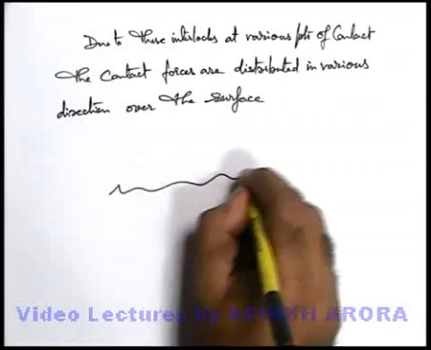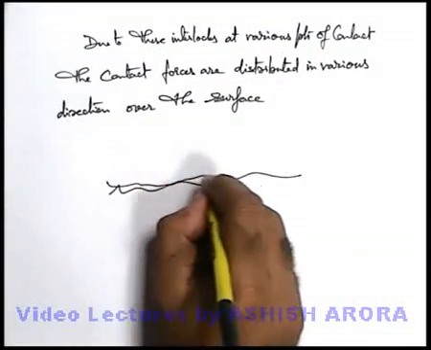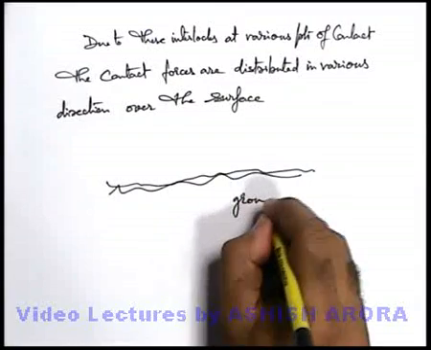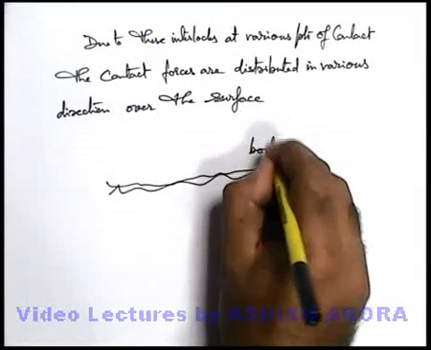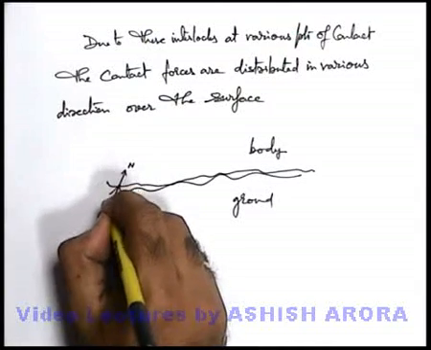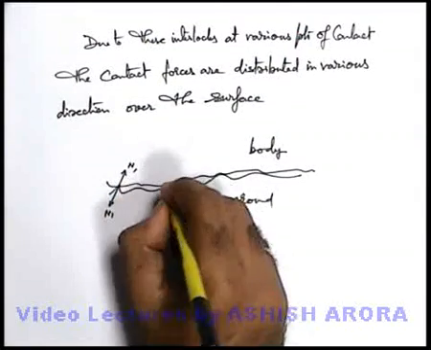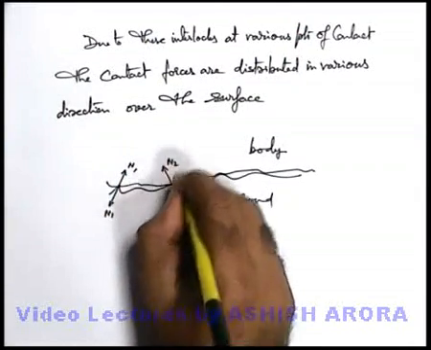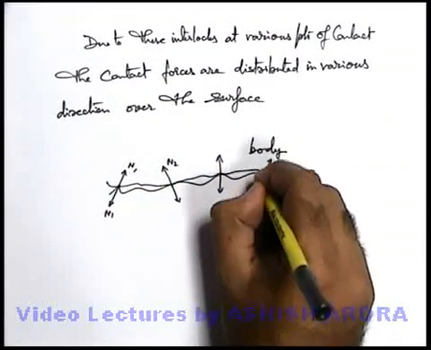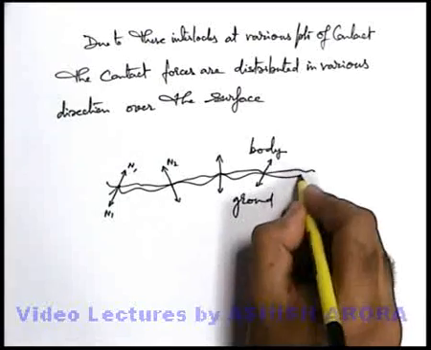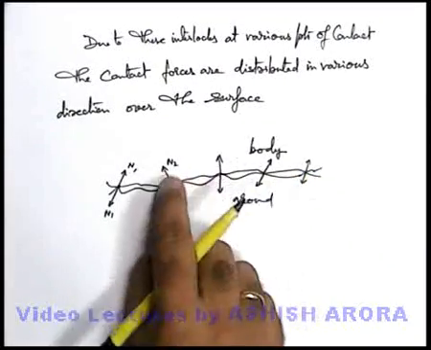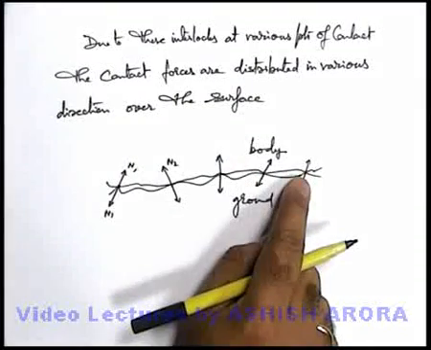Say these are the two surfaces in contact like this, one is that of the ground and the other is that of the body. At this point of contact, a contact force N1 is developed like this. At this point N2 is developed like this. At this point again it is like this. Here it is like this. So at various points of contact, the contact forces are distributed in various directions.